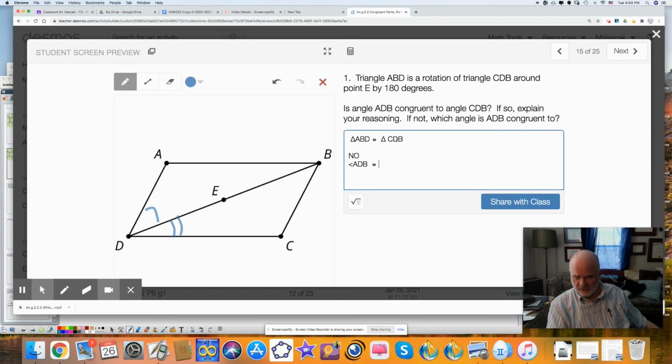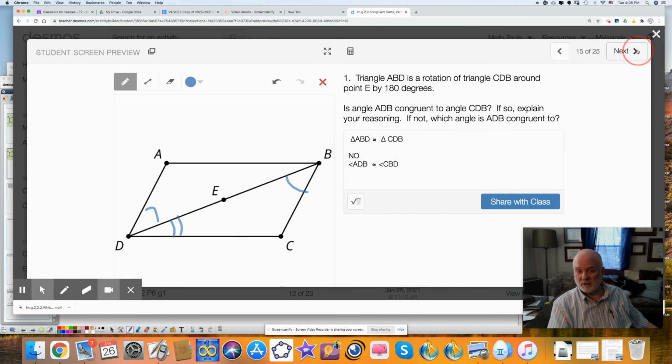It should be the first letter, the last letter, the middle letter: angle CBD. Not CDB, CBD, which would be right here. Of course, that makes sense. Notice how I'm using the congruent statement to match up the congruent parts. That's what I want you to do.